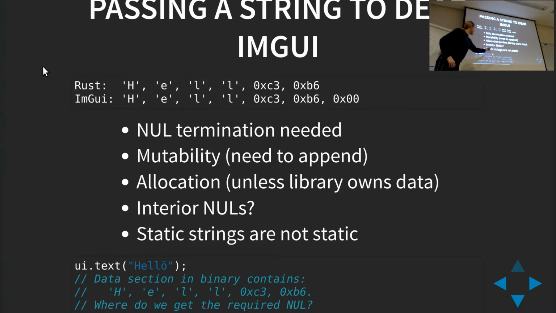But this literal string here, it's going to end up in a form that doesn't have the null terminator. So the question is, who adds it? Where does it come from? And this is one of the parts where we see some API friction. So the text function could do these allocations and copying to take care of this, but then you start having some potential performance problems, and a big user interface is going to have a lot of these strings.